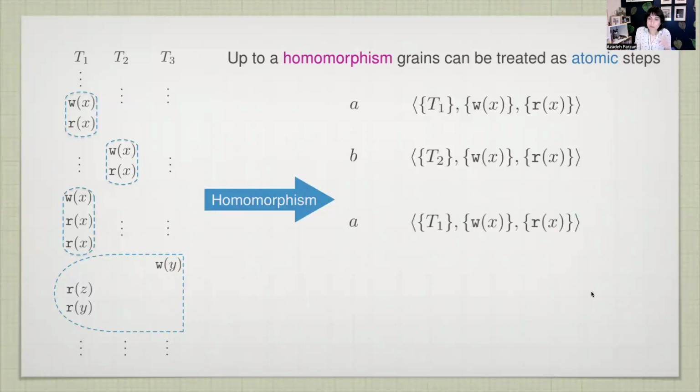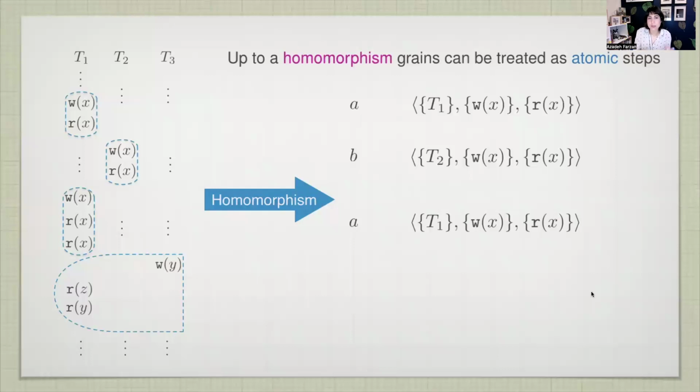The third one would be the same exact letter A, because really, all I care about from a grain is what variables the grain touches, what threads the grain touches, and what is the nature of the access to those variables. So the first and the third grain have the same kind of access to X, both read and write, and touch the same thread.